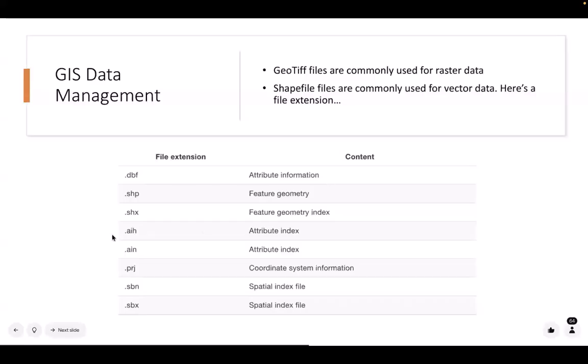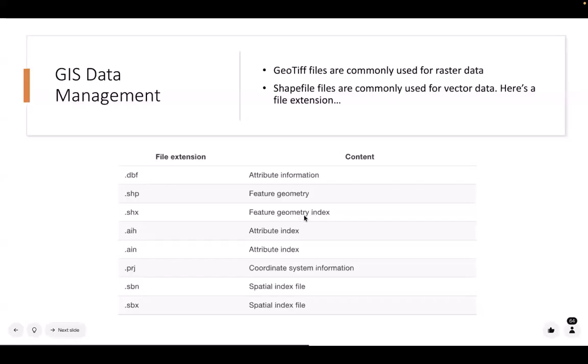Another important file extension is the .prj, which references our coordinate systems, which is essential for the spatial alignment. And we're going to talk a little bit about coordinate reference systems in the next few slides. The .shx file extension is what we call a feature geometry index.